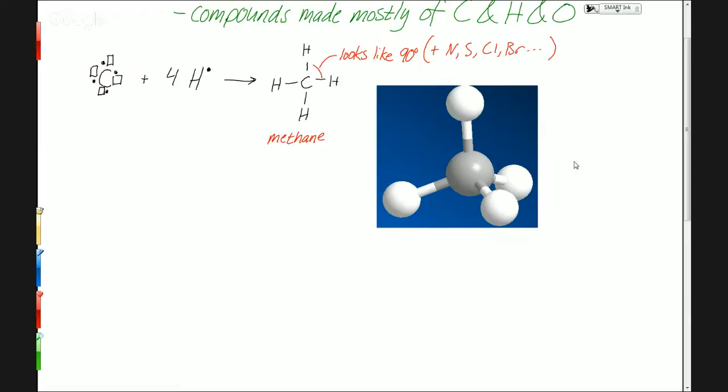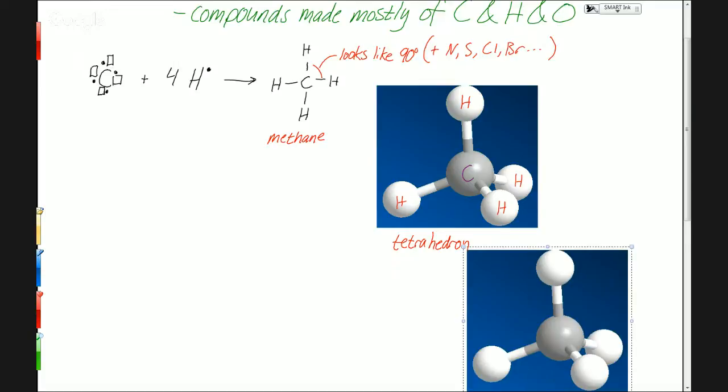And so we can annotate this a little bit. We've got a carbon atom in the center and hydrogen atoms around the outside. And this is called a tetrahedron, or a tetrahedral geometry. The reason for that is that's named for the actual shape that this takes on.